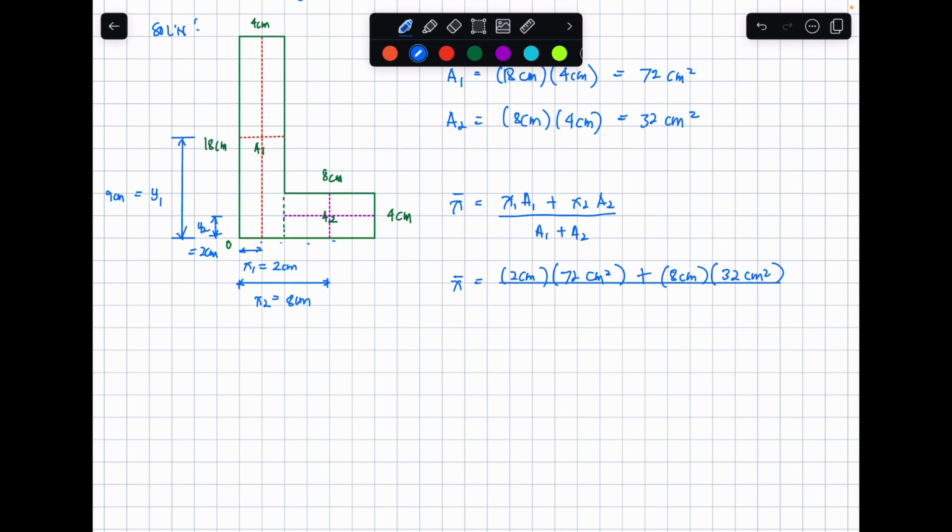Divide it by the two areas, 72 plus 32. So the x component will be 2 times 72 plus 8 times 32, divided by 72 plus 32, which is 3.85 centimeters for the x.